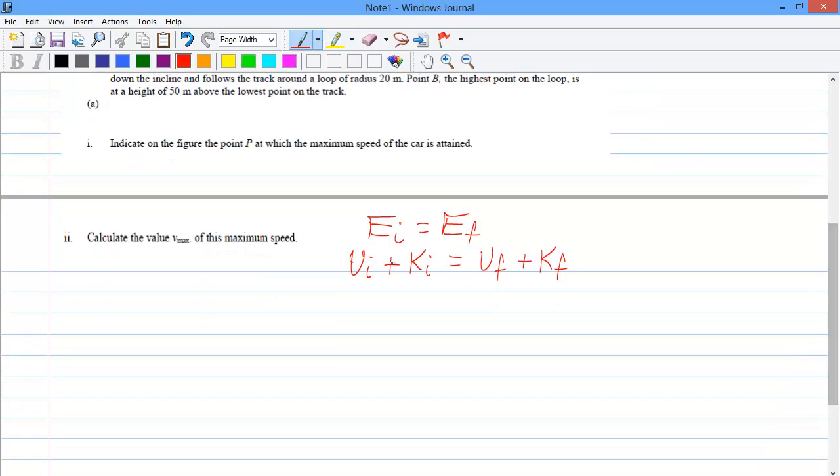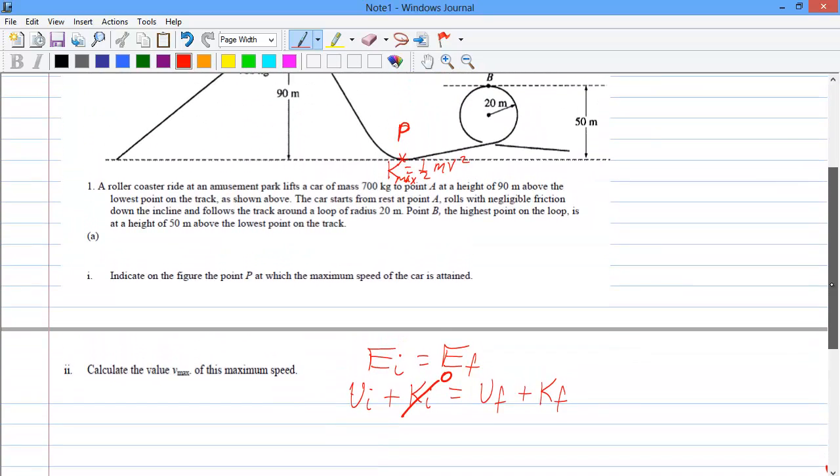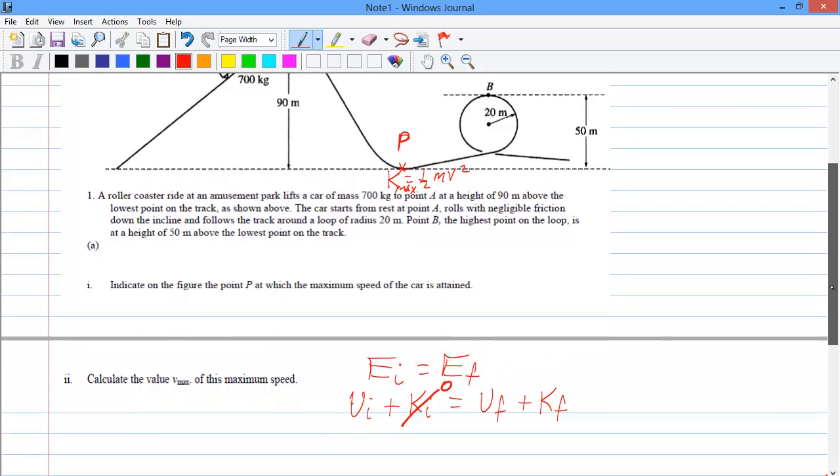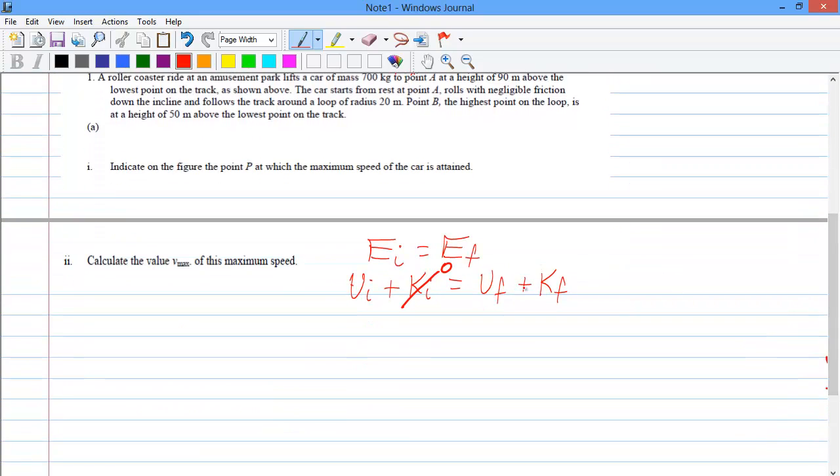The initial kinetic energy at the very top is 0, and we can read that in the problem: the car starts from rest at point A. At the very bottom, there's no more potential energy. So the initial potential energy has to equal the final kinetic energy.